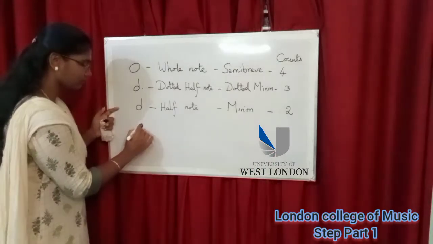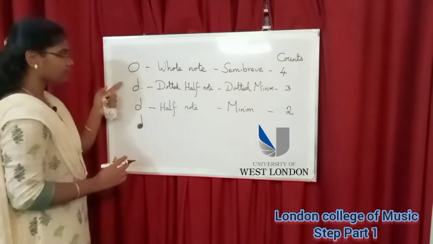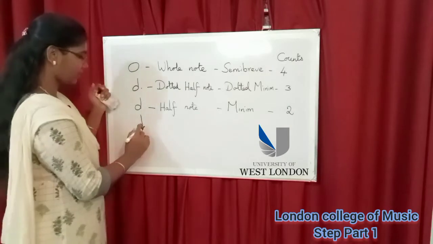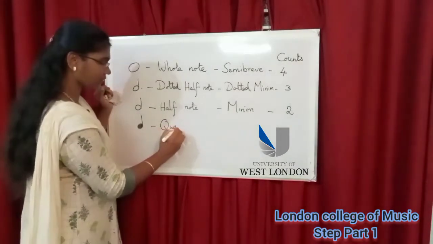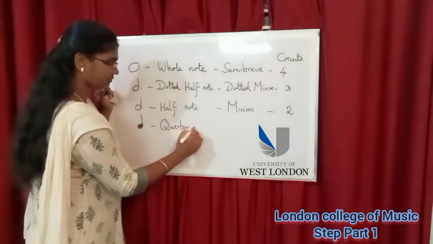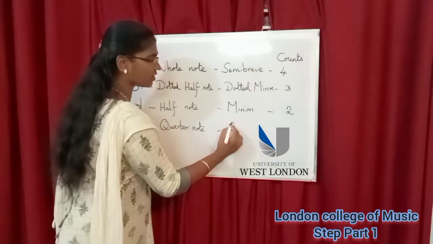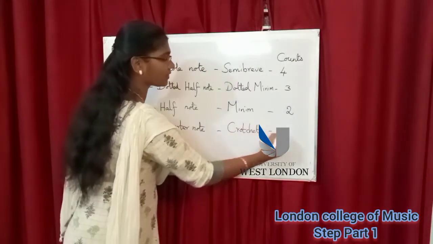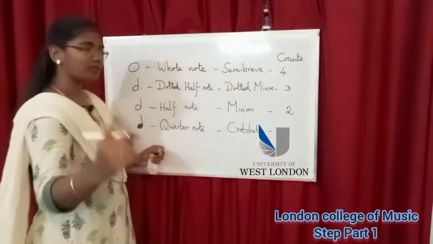The next note is the quarter note. Here the head is shaded and there is a stem. So this is the head. This is the quarter note. Another name for the quarter note is crotchet, C-R-O-T-C-H-E-T. How many counts for the quarter note? That is only 1 count.